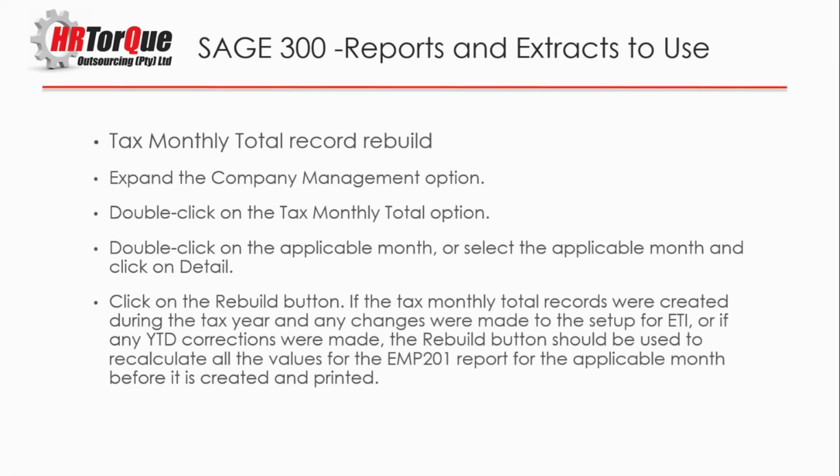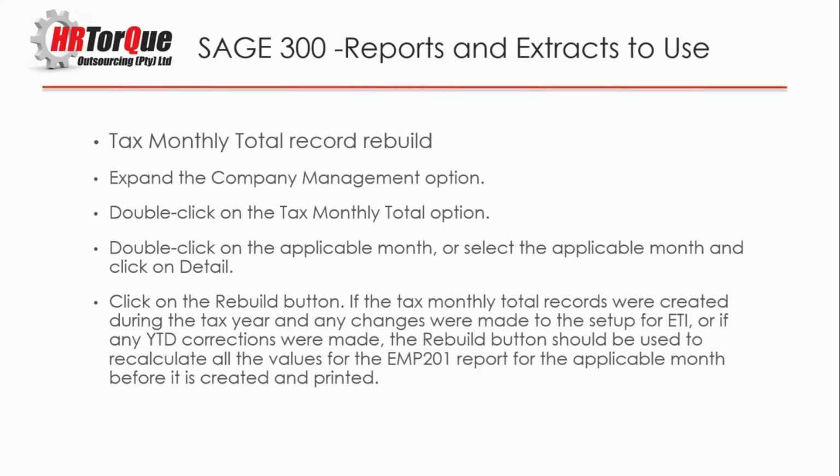Okay, it's really important to do that, because otherwise the system will use the EMP201 value on the certificate, on the 501 recon, that was there originally. So if you do not rebuild it, it won't take that value through. So it's quite important, as a matter of course, or as a matter of my own sanity. If I am doing a payroll in Sage 300 People at year end, I go and recreate all of the tax monthly total lines.